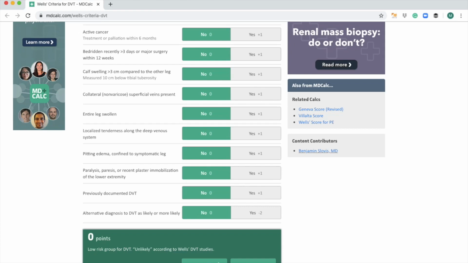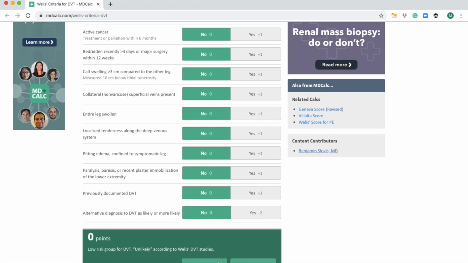Varicose veins are usually present chronically, and the patients will know about it from having it earlier. If the entire leg is swollen, if there is localized tenderness along the deep veins, if there is pitting edema confined to just one leg or the symptomatic leg, if there is any weakness with the limb, and any previous history of DVT, all these will score a point in the Wells score.